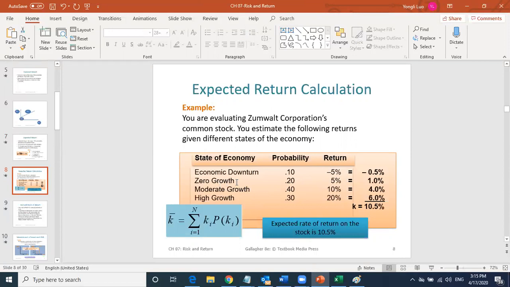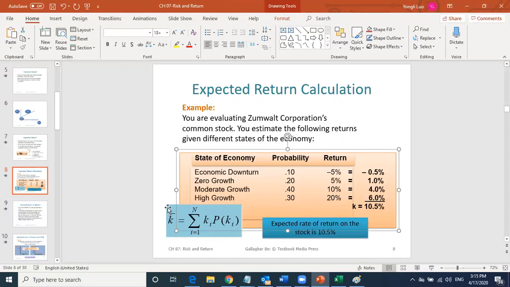If zero growth is normal, that could occur with 20% probability, and your stock return is 5%. With moderate growth, your stock return is 10%, and with high economic growth, your return is going to be 20%. So what will be your expected return?